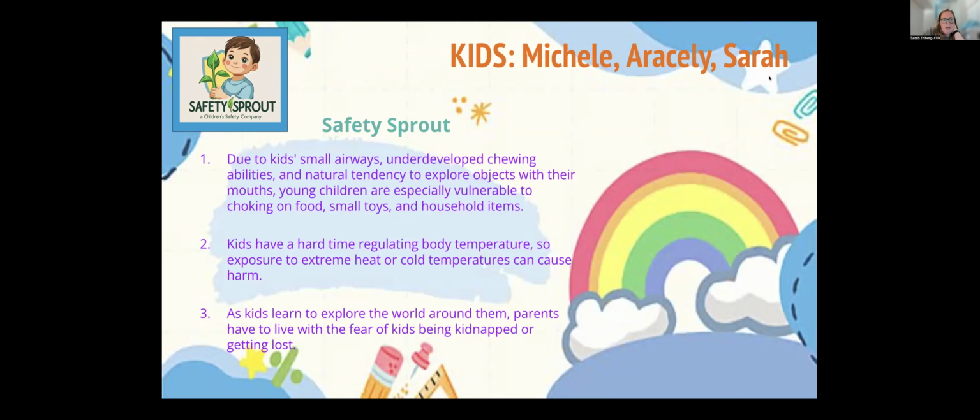Our second one was more about temperature extremes. Kids have a harder time regulating their body temperatures, and exposure to either extreme heat or extreme cold can be very harmful to them. And our last one was, as kids learn to explore the world around them, parents have to live with the fear of either kidnapping or their child literally just wandering off and getting lost.